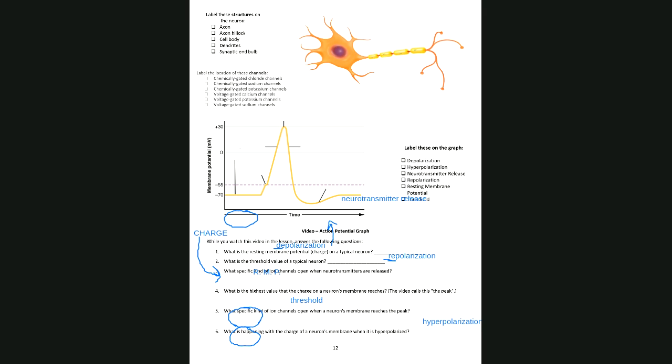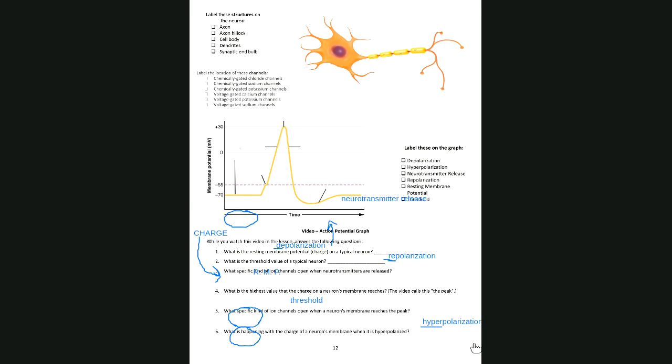Just like when something is hypertonic, where there's too much, when my membrane charge is too negative, like I see right here, I call that hyperpolarization. My neuron gets so excited to get back negative that it gets a little bit too negative, and then over time we get back to normal, back to the resting membrane potential.